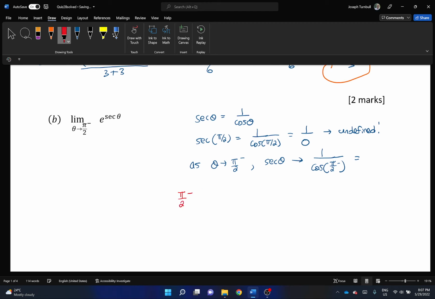Pi over 2 from the left is like 89 degrees. A little bit smaller than 90 degrees. That means it's in the A quadrant. And the cosine function is positive there.